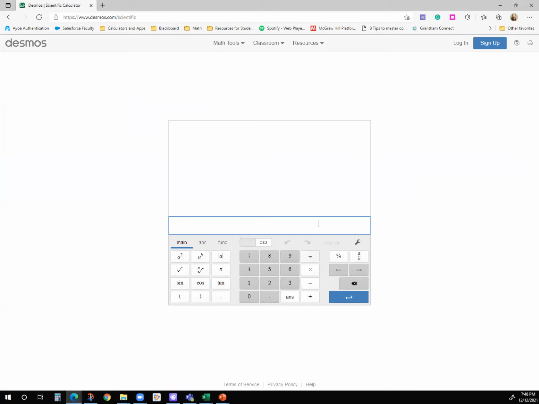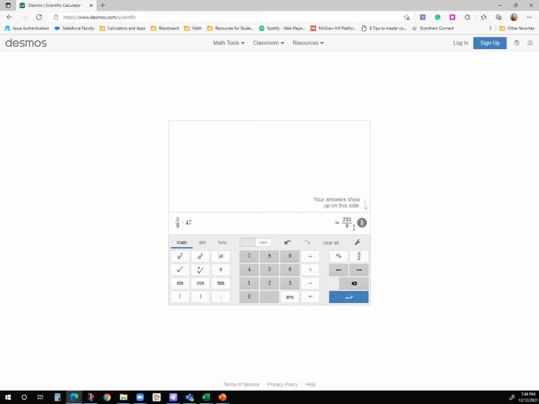What's nice about this calculator is that it has a fraction button. So if you're not good at fractions and you wanted to do, let's say we had that 5/9 times 45, you can just type that in and then it gives you your answer. And if it's something that doesn't come out nicely, it will give you a decimal, but then you hit this button and it will convert it to a fraction for you.